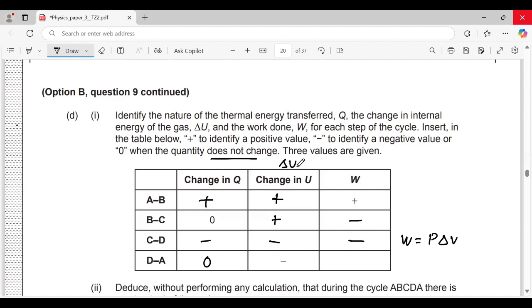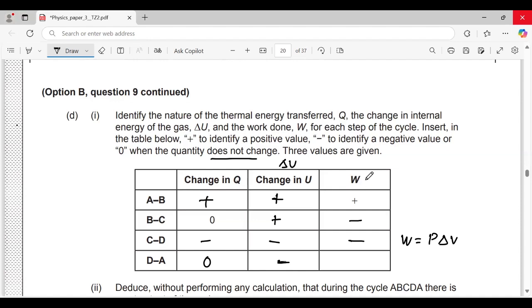Now delta U, change in internal energy. When the gas expands adiabatically, it does work on the surroundings and its internal energy decreases. So the sign will be negative here because delta U is less than zero.